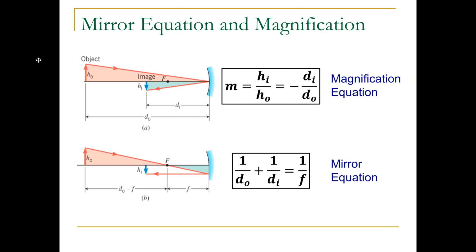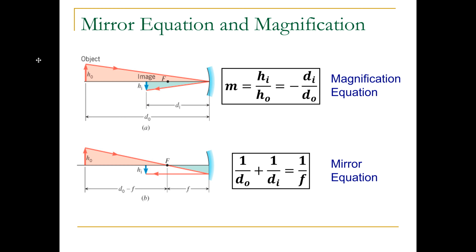So those heights are basically the sizes of the image and the sizes of the object. Because these are ratios, you can use whatever units you want. They just need to be the same units, and they will cancel out. So magnification does not carry any unit itself. It will just be a number.